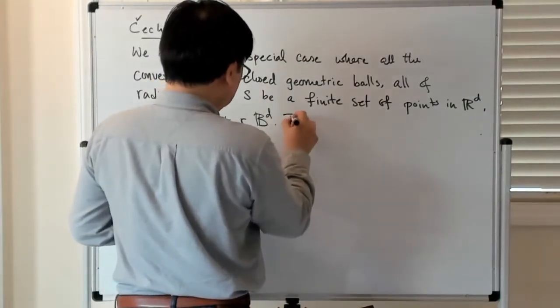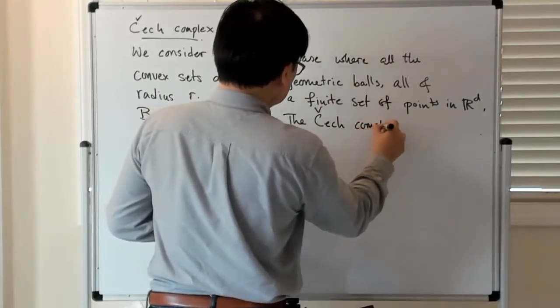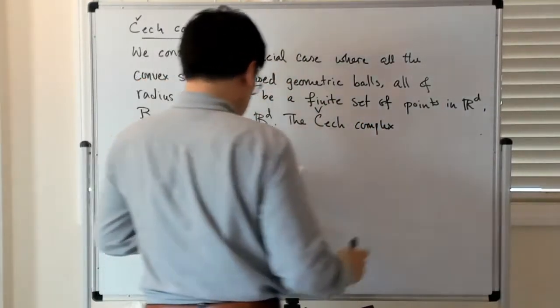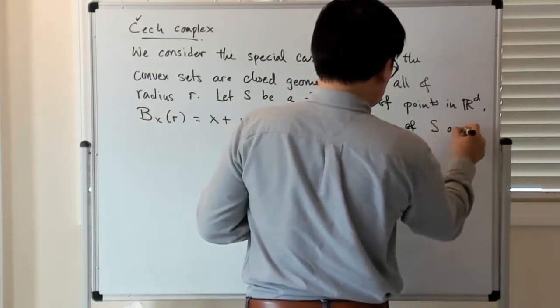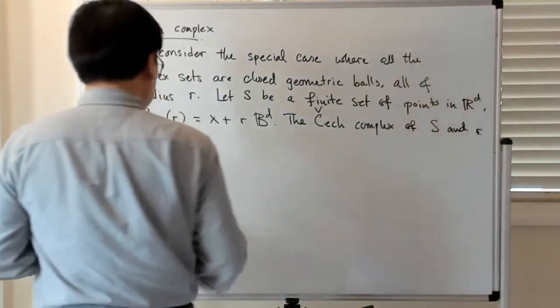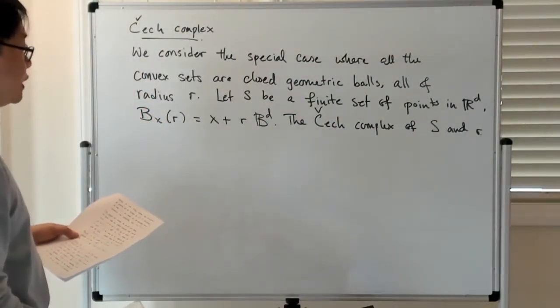So then the point is that the Cech complex of S and r is just the nerve of the collection of balls of radius r centered around the points of S, right?